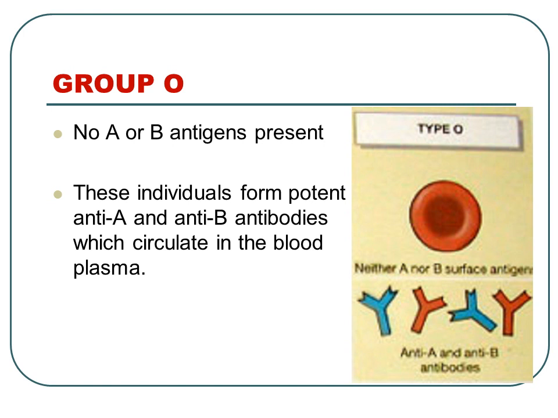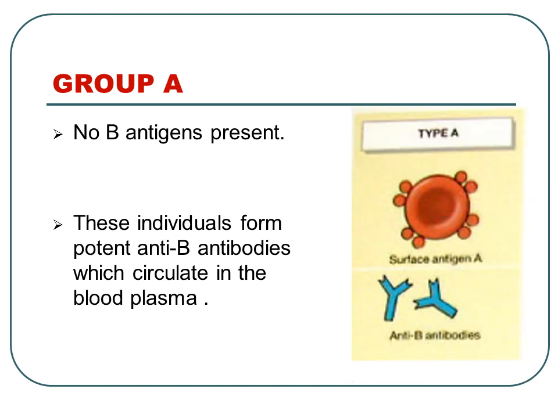Group O. In a group O individual, no A or B antigens are present on their red blood cells. These individuals form potent anti-A and anti-B antibodies which circulate in the blood plasma. You can see it in the diagram. In a blood group A individual, no B antigens are present.